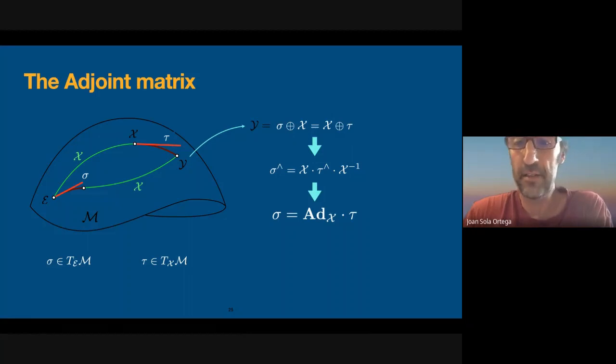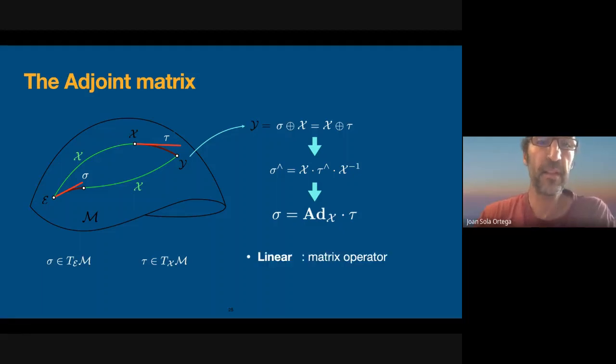It's a linear relation, and it depends on x. It's called the adjoint matrix at x. This is going to be used later. But it's central in Lie theory. So if you are interested in going into Lie theory for any reason, you will find the adjoint. I found in the literature that this adjoint is defined in very strange ways that are completely non-intuitive. So that's why I give you this vision of the adjoint, which I think is intuitive enough.